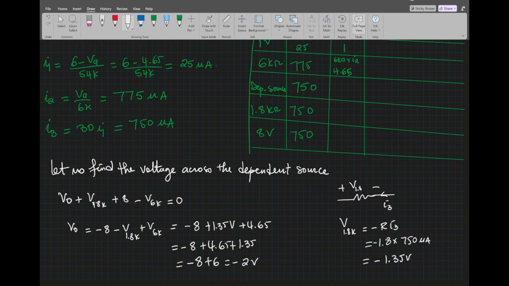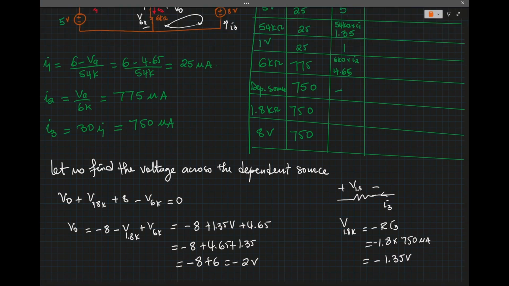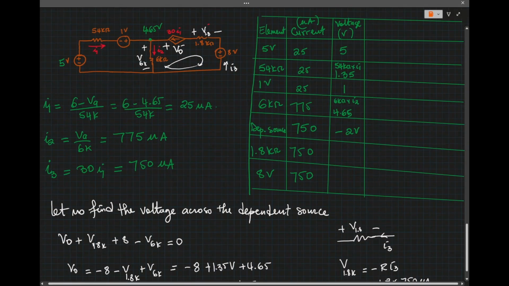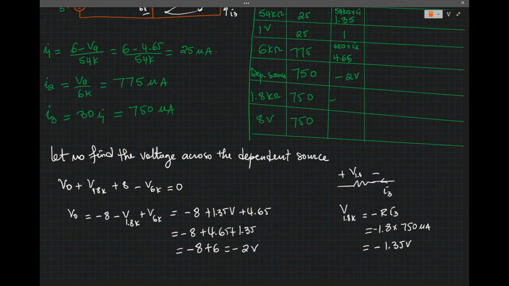So the voltage across the dependent source will be negative 2 volt. If you flip the polarity, then it'll be positive, as labeled on the figure here.